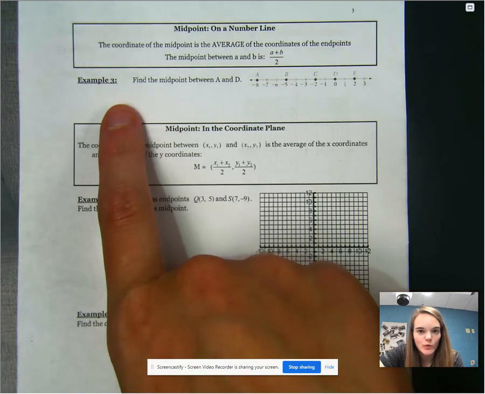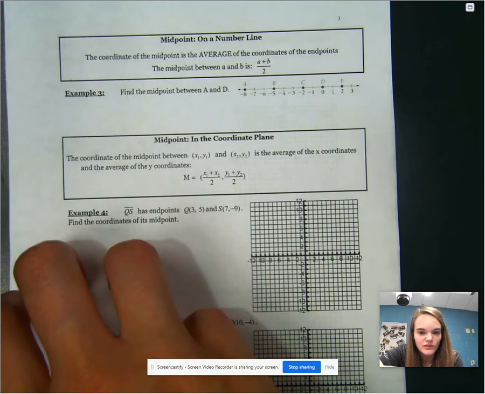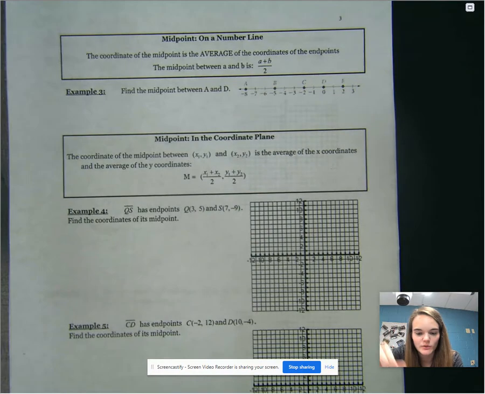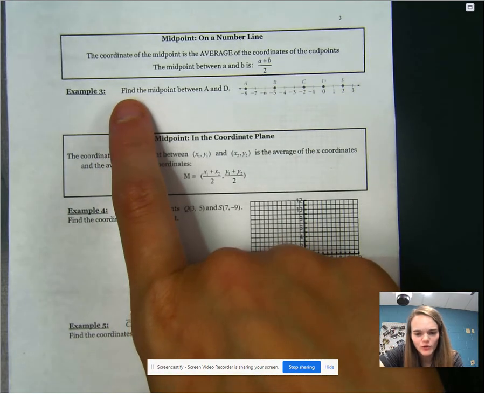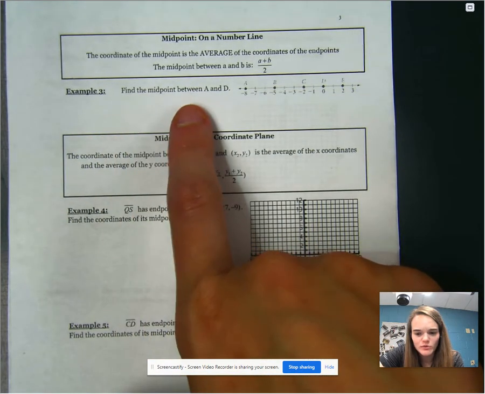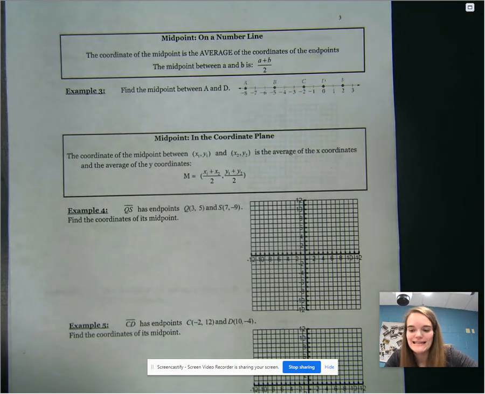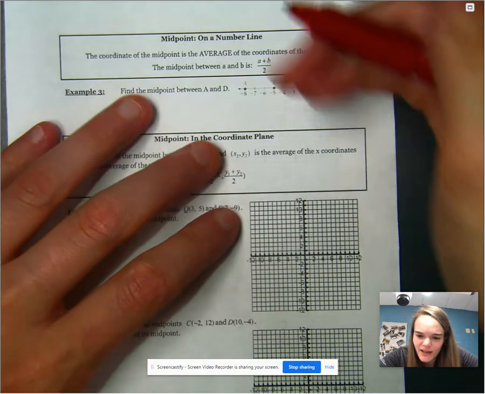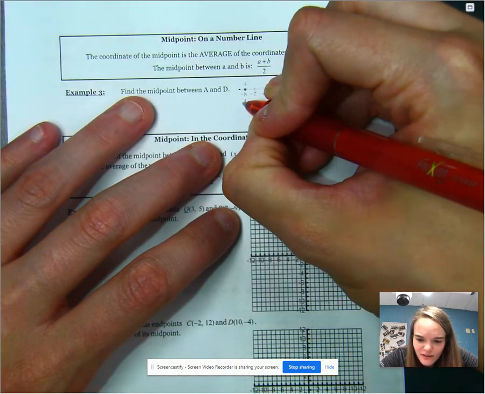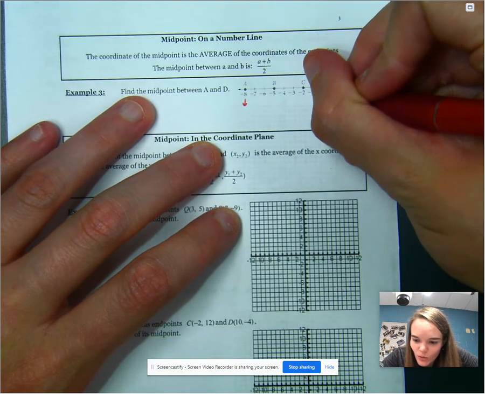So, and this is example 3 because they do distance and then midpoint where I got this from, but we're going to start with midpoint. So, example 3. Find the midpoint between A and D. So here's A. A is at -8, and D is at 0.